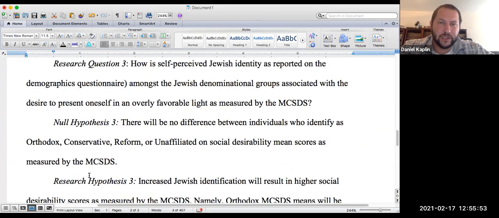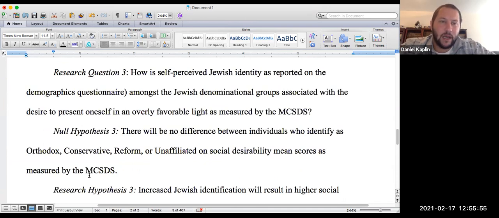Go to research question 3. So research question 3 is, how is self-perceived Jewish identity reported on the demographics questionnaire linked to or associated with the desire to present oneself in an overly favorable light, as measured by the MCSDS, Marlowe-Crowne Social Desirability Scale. Now, I mentioned to you in a previous lecture that when you are dealing with taboos and people fill out surveys, they could be prone to lie.